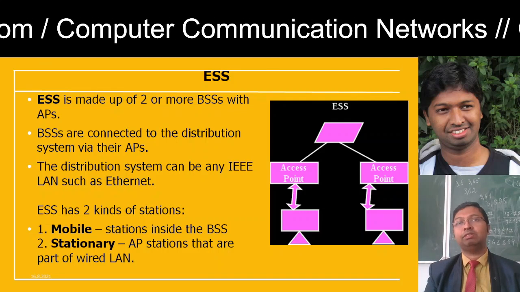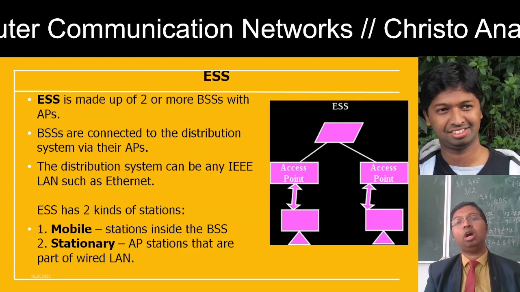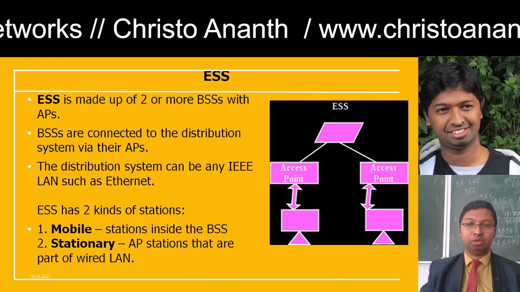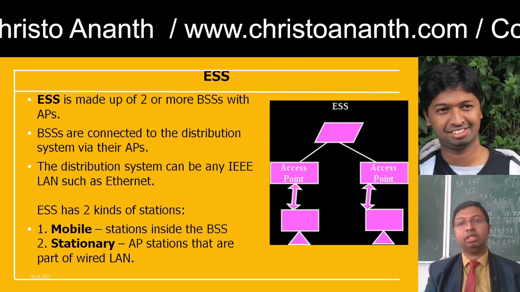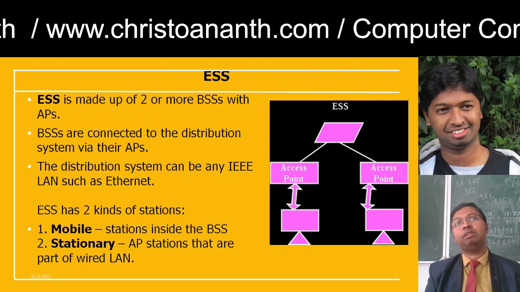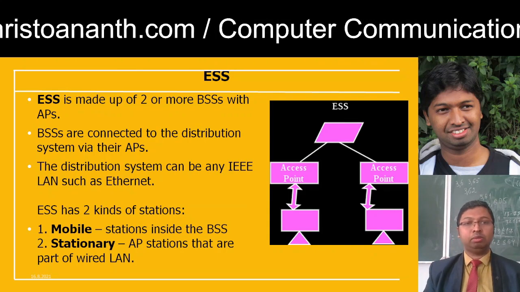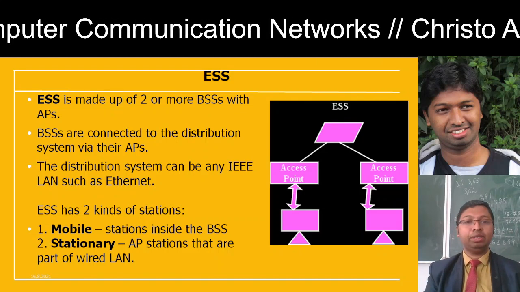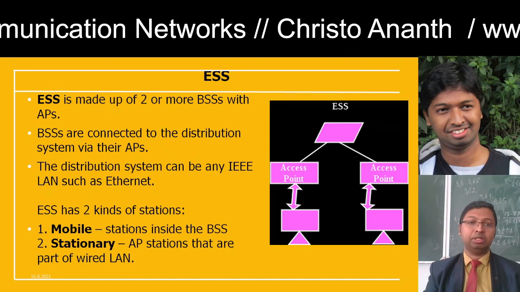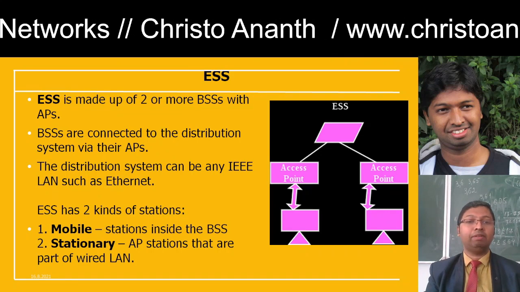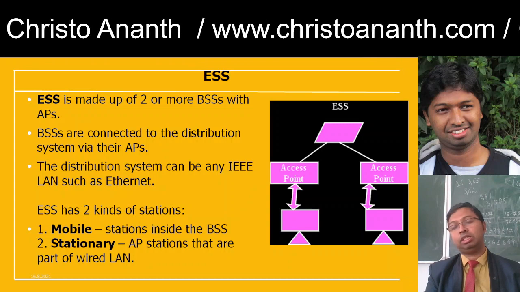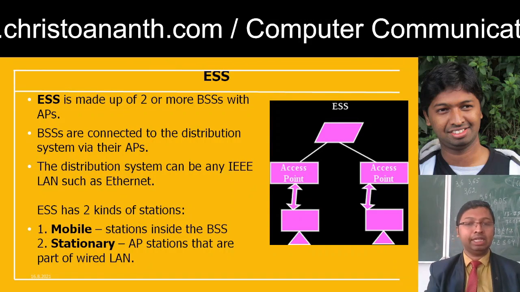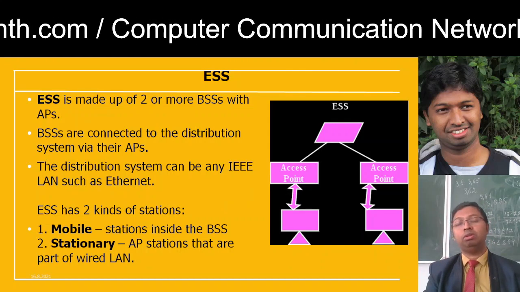Next you have the extended service set. We'll have two or more basic service sets with access points. From the access point you will have the basic service set, which connects to the distribution system through the access point, and the distribution system can be an IEEE LAN such as Ethernet. The extended service set will have two kinds of stations: mobile stations inside the extended service set, and stationary stations which are part of the wired LAN.